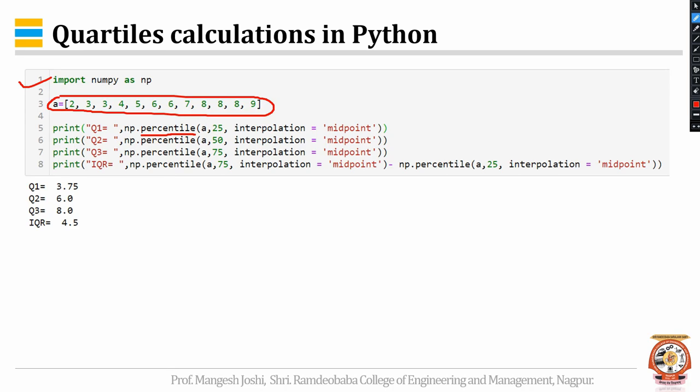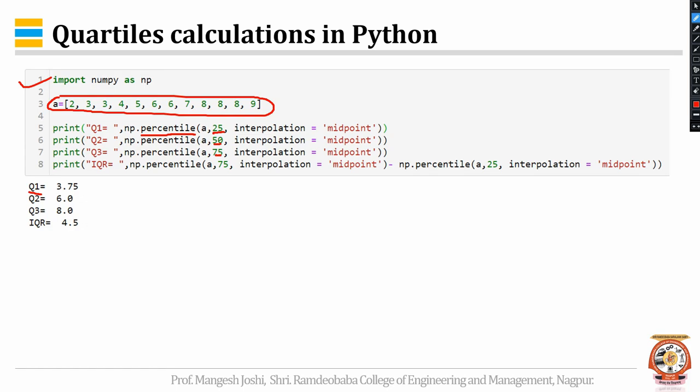The first parameter represents your data set, that is A. The second parameter represents which percentile you want: 25th, 50th, 75th, and 100. The 25th percentile is my quartile 1, and similarly 50 and 75. You will get Q1, Q2, and Q3.